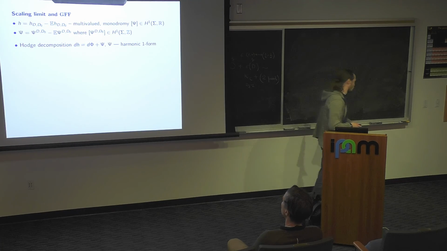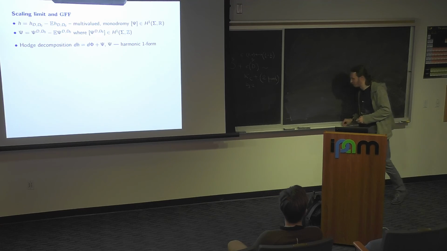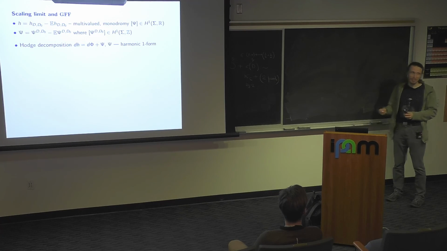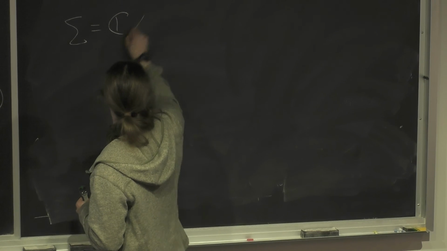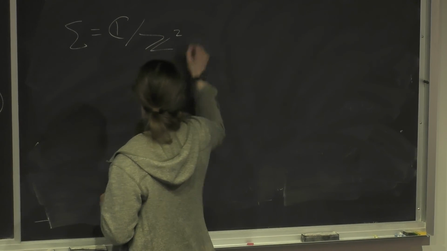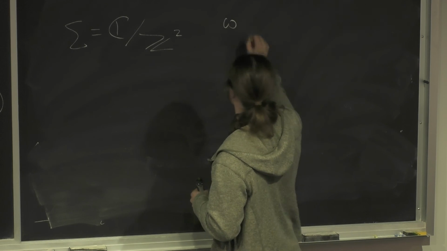I guess not all of you remember what the Hodge decomposition is, so let me recall it a little, just in case. Assume that our sigma is a torus, for example, like this. And we have some closed one form.